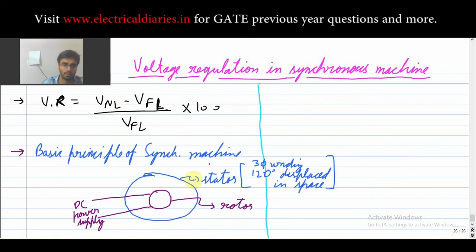Here I am discussing the synchronous generator. For a synchronous generator, you must be knowing that your rotor has to be moved with the help of a prime mover. So I am moving the rotor with the help of a prime mover in this direction. The field that is produced in the rotor due to this DC power supply in the winding is also rotating.